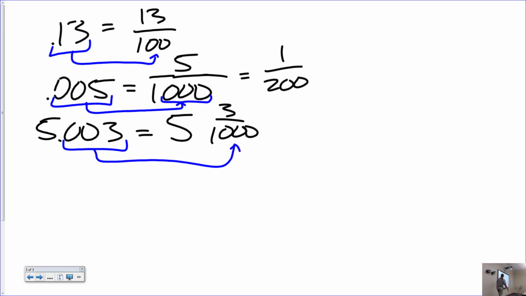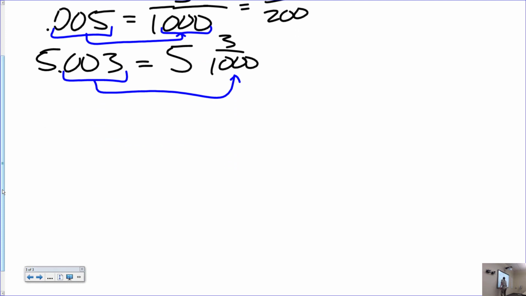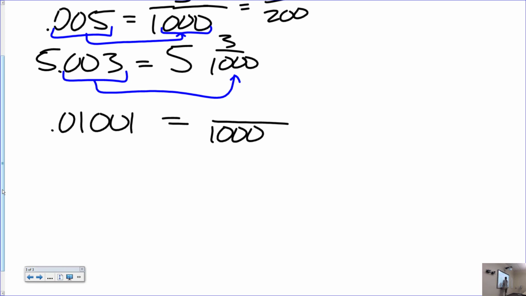That always works. So if I give you something like 0.01001 and ask you to write that as a fraction, technically what's the number on the bottom? 1, 2, 3, 4, 5 zeros. Since there are 5 decimal places, 5 zeros on the bottom.